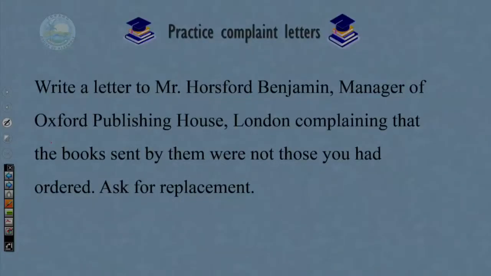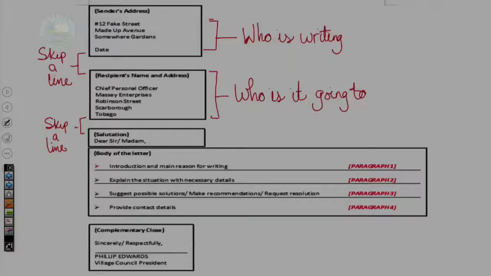Write a letter to Mr. Hosford Benjamin, manager of Oxford Publishing House in London, complaining that the books sent by them were not those you had ordered. I want you to focus on structuring and putting in the content that you need. You have your salutation or your greeting, Dear Sir or Madam.